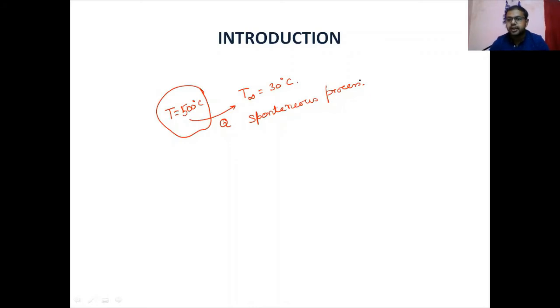So the heat transfer direction is set by the thermodynamic second law. That is in our hand. But how much time will it take for both to come to the same temperature? That is not known by thermodynamics. So thermodynamics does not mention the rate of heat transfer.